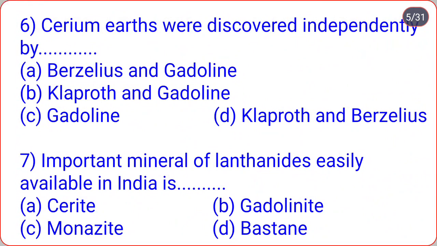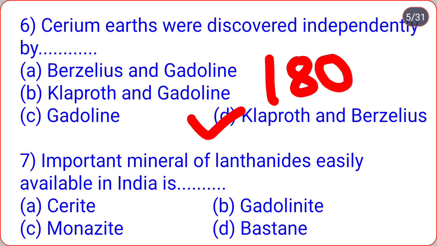Cerium earths were discovered independently by, options are Berzelius and Gadolin, Klaproth and Gadolin, Klaproth and Berzelius. So the correct option is D, Klaproth and Berzelius. In 1803, Klaproth and Berzelius discovered cerium earths.